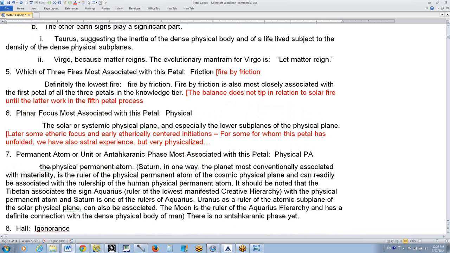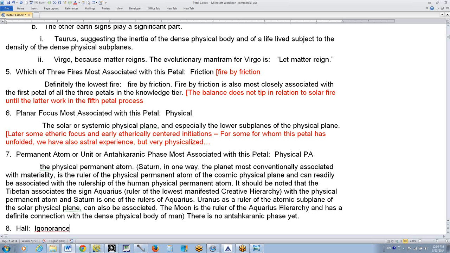The physical permanent atom. So Saturn, in one way, is the planet most conventionally associated with materiality, if not the moon. But Saturn and the moon have so much to do with each other, and really the moon is part of Earth. So Earth is related to materiality. So Saturn is the ruler of the physical permanent atom of the cosmic physical plane, and can readily be associated with the rulership of the human physical permanent atom as well.